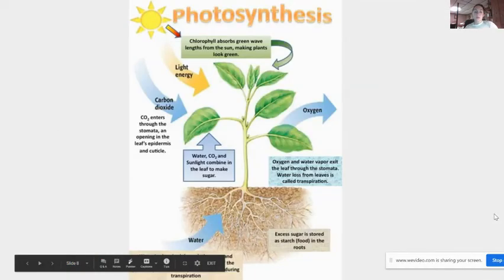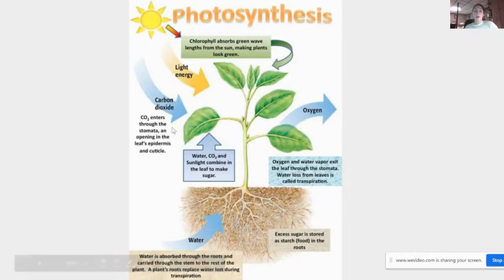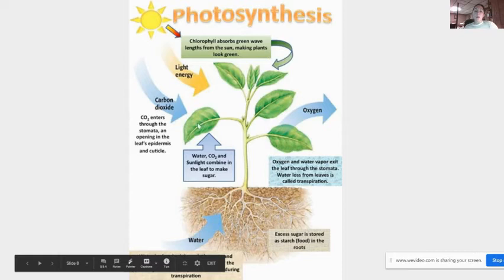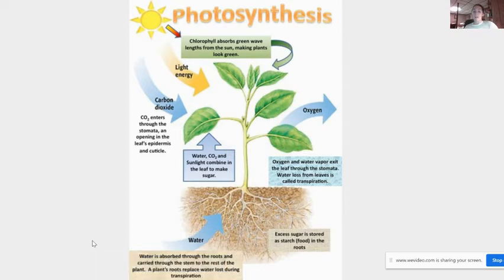In this little diagram, you can see we get water, carbon dioxide, and that light energy. Water can be in the air like water vapor, and water can also be absorbed through the roots of the plant. And that's going to travel up through the stem and into the leaves to start that process.